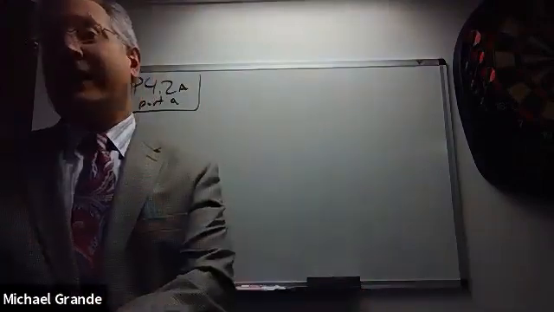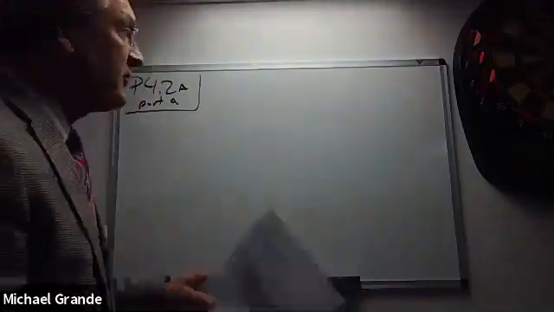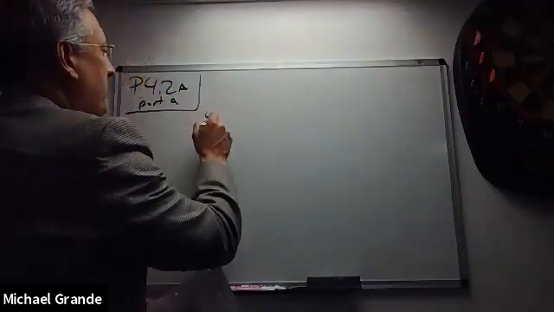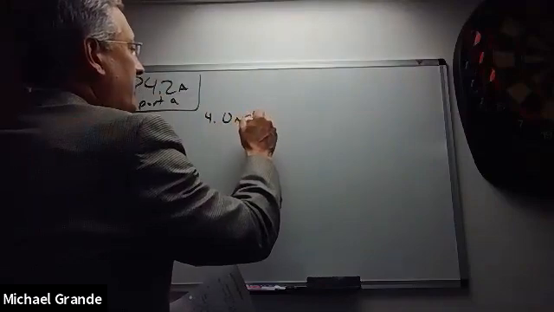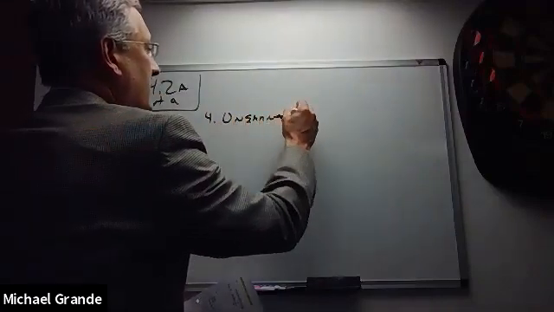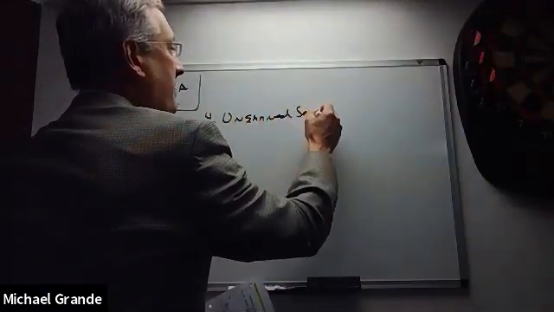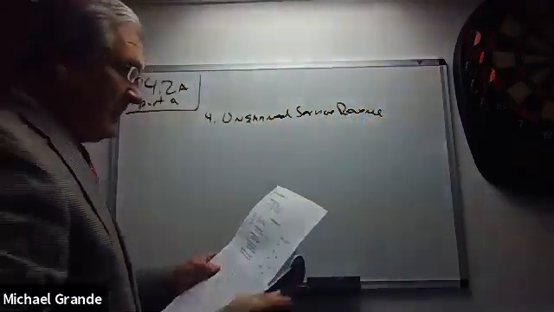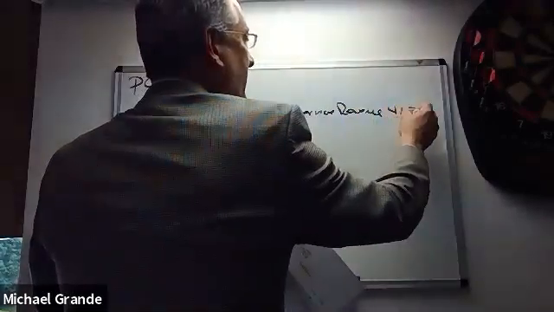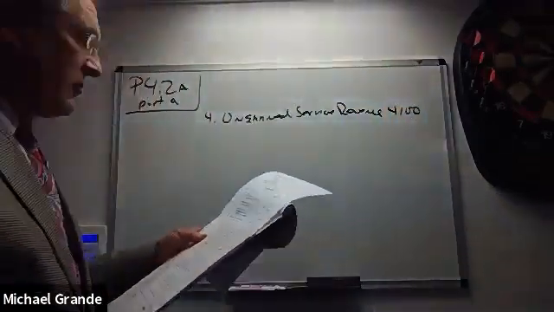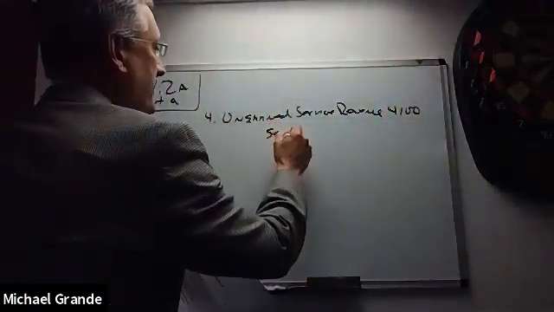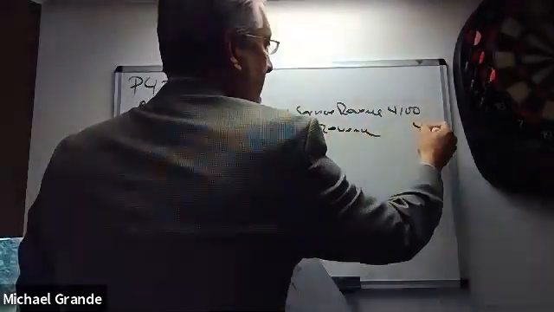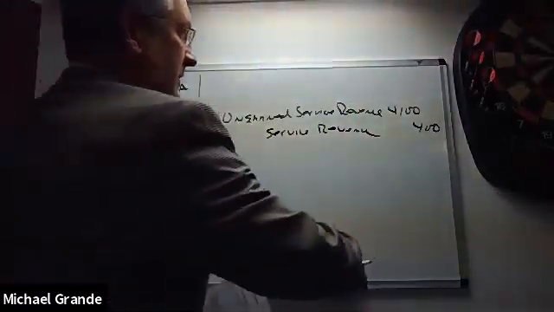And we also need to recognize the service revenue. So we're going to debit. So this is item number 4. We're going to debit unearned service revenue. Reduce the unearned service revenue by $4,100, and we're going to credit service revenue, $4,100.